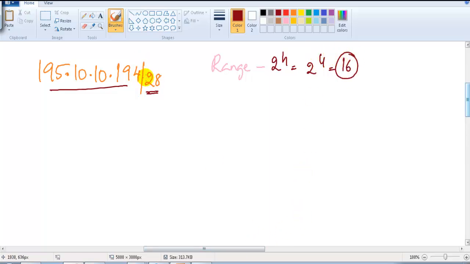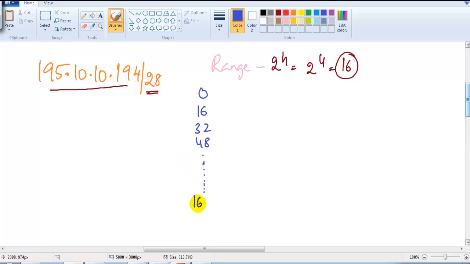From 32, if I subtract 28, I get 4 host bits. So the size of the network is 16, and we need to write multiples of 16, because it's a small size. So I'm going to write multiples of 16: 0, 16, 32, 48. No need to write all of them, we can skip most of the numbers because we need to go till 194. It will be a waste of time to write all those things.